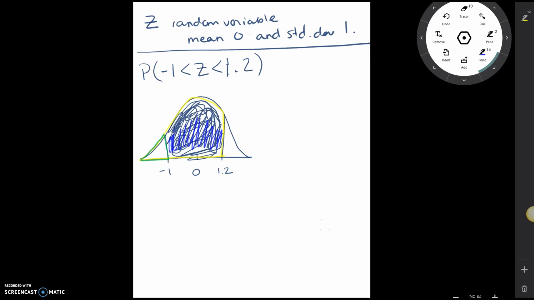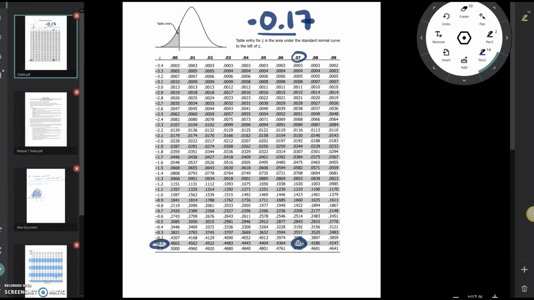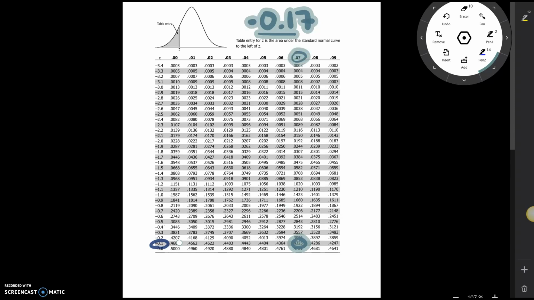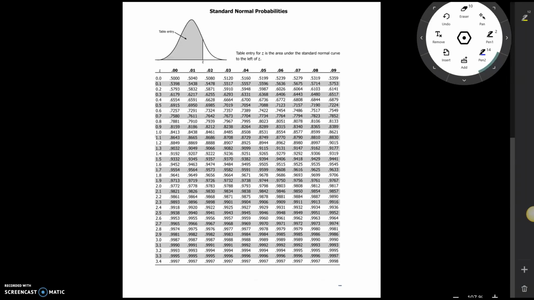So let's do that. Going over to the table, the first thing I'm going to do is look up that 1.2, on my positive side. Looking up 1.20, I've got 1.2 here, 0 here, so 0.8849.